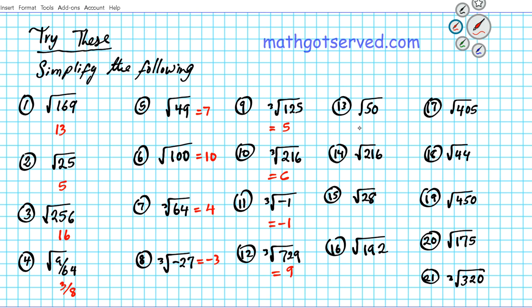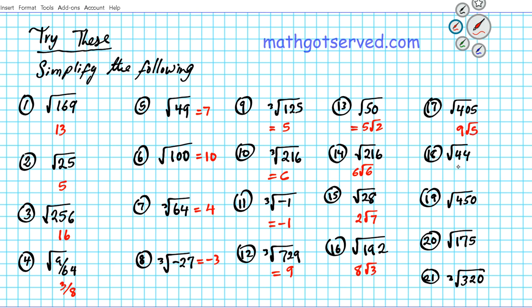Now this one you have to break it down, okay? Number 13 is 5 root 2. Number 14 is 6 root 6. Number 15 is 2 root 7. Number 16 is 8 root 3. Number 17 is 9 root 5.